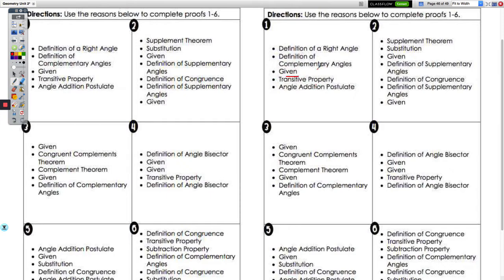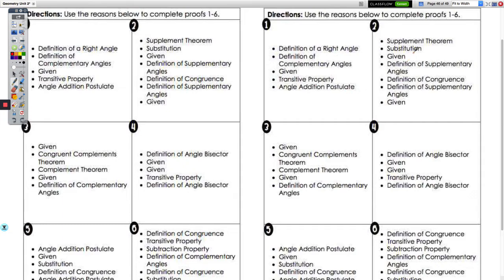You'll use each one of them once and only once, unless you see them twice. This is what it will be like on the test. You will see all of your choices once and only once, unless you see two of one.